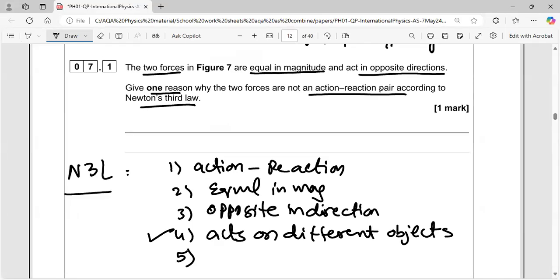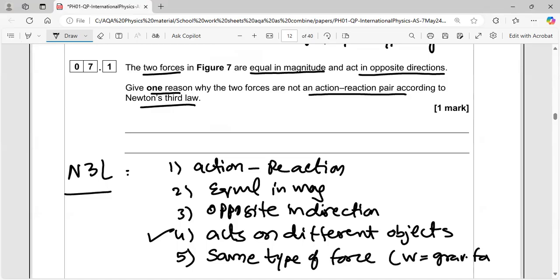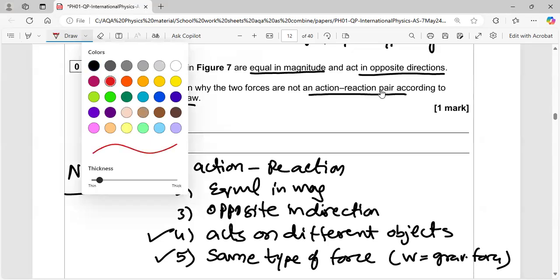And the next is that the same type of forces should be there. Like if one is a gravitational force, you know weight is the gravitational force, the other should be a gravitational force as well. Which is not the case over here. So out of these two reasons, you can write any one.